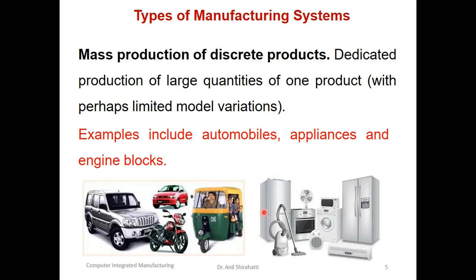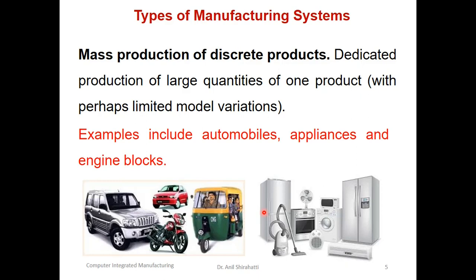Similarly, it's applicable in home appliances. If you are producing a fridge of 200 liters, then 250 liters, 300 liters, a huge quantity. So in mass production, the quantity will still be large, but the number of variations will be very much limited.